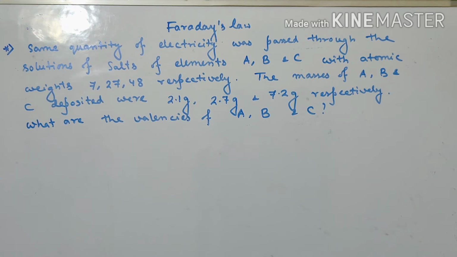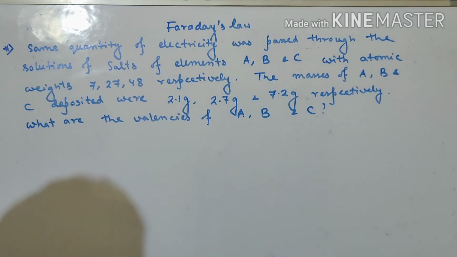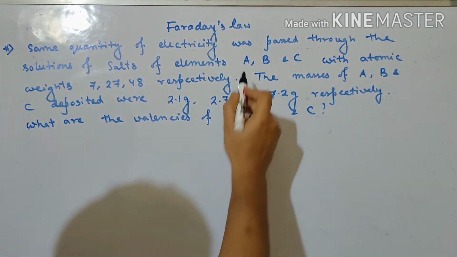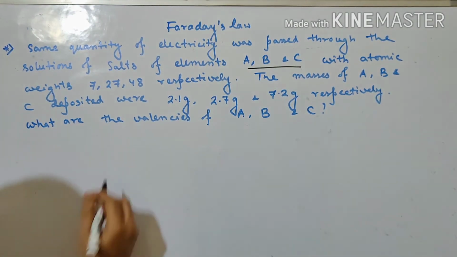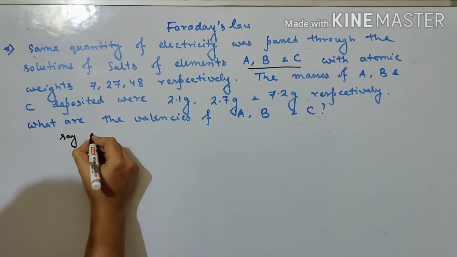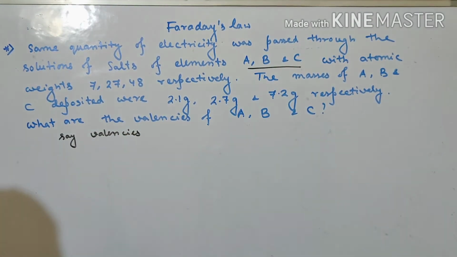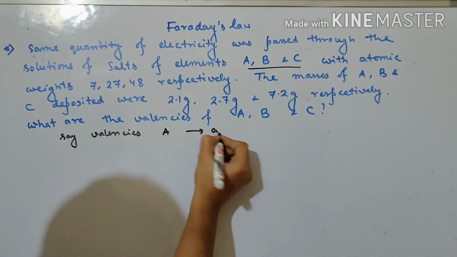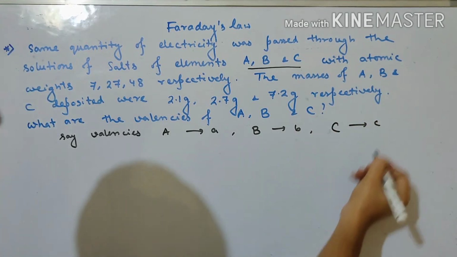While solving this, first of all let us see, are they connected in series? You can see the same quantity of electricity was passed through the solutions. So they must be connected in series. Suppose the valencies of A, B and C: for A the valency is small a, for B the valency is small b and for capital C the valency is small c.